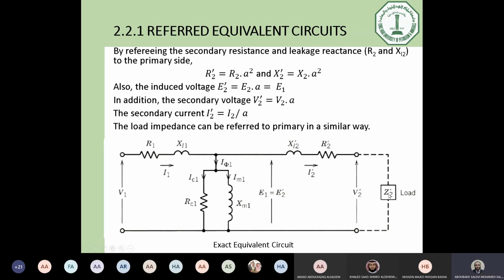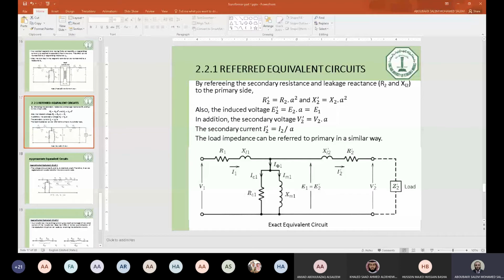If we have impedance Z2 with a definite value, and you know the values of R and X for all of this problem, and it's required to calculate the power absorbed by the load Z2 prime, how can we do that? Let's open a discussion together. How can we calculate the power consumed by the load Z2 or Z2 prime?